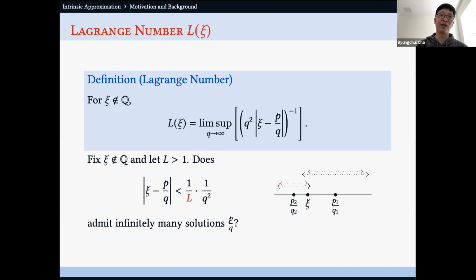They won't be visible anymore. The worst approximable number will turn dark first, and that number L is, according to our definition, the Lagrange number of that irrational number. So that's the way I'm thinking about this.